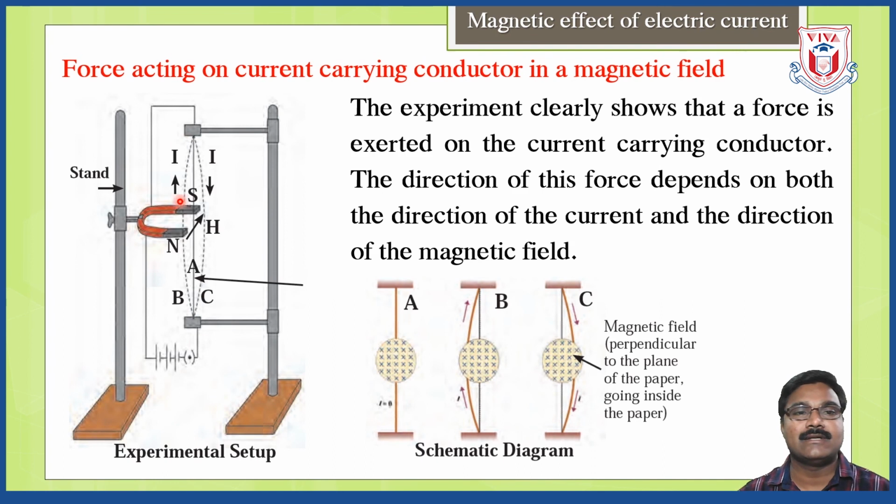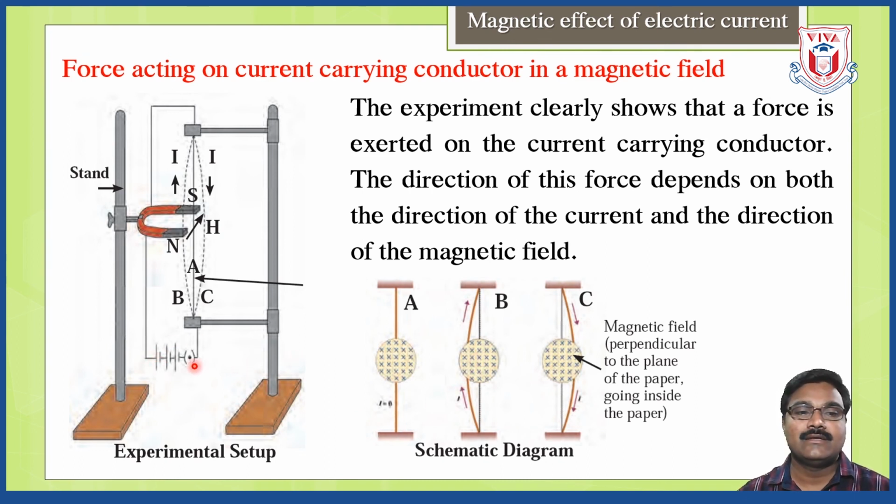इथे एक तार लावलेली आहे, इथे एक हॉर्शू मॅग्नेट आहे and if we pass electricity through this conductor it experiences a force and that force depends on the direction of magnetic field and the direction of magnetic field depends on direction of current.